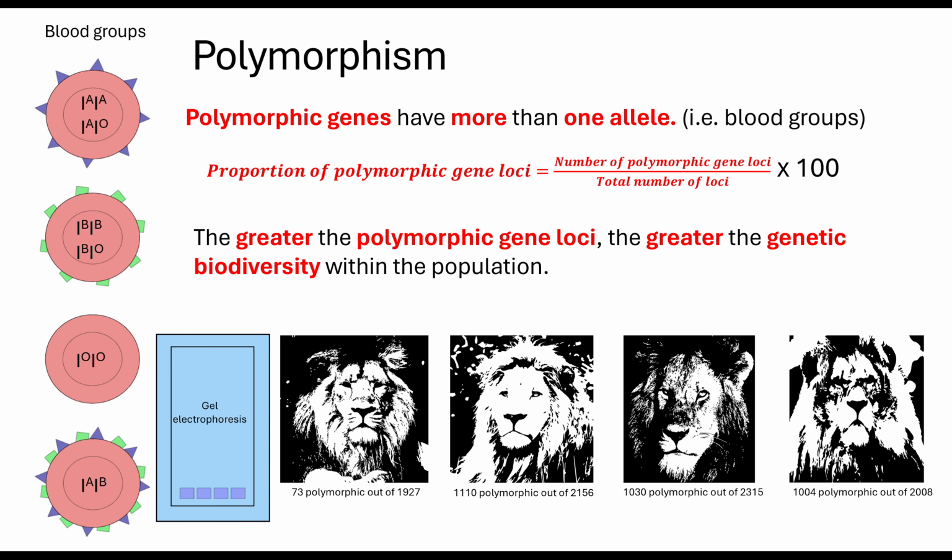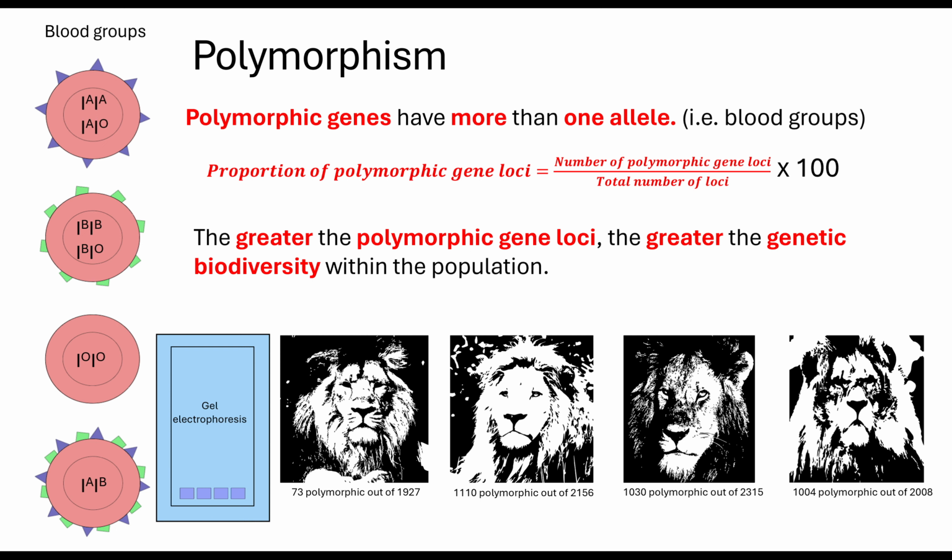For example, if I were to take 4 samples of 4 completely different lion species, and use gel electrophoresis to identify the bands of the genetic polymorphic gene loci, I would then be able to identify, using the equation, the proportion of polymorphic gene loci. In this case, I have 4 different species that were isolated from each other and have evolved to be different species.